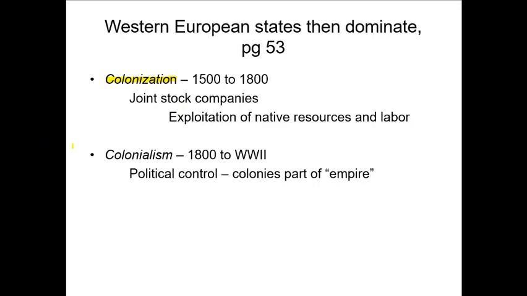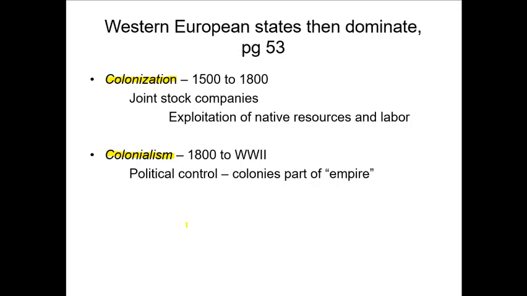So what these Western states did is shift gears a little bit, and from around 1800 or so up until around World War II, these Western European states like Great Britain and France and Denmark and Belgium, Spain by this time had already kind of moved out of South America, but again, South America had already been exploited and had already been dominated, and even to this day, the elite elements of the culture of South America are Spanish descendants, and the indigenous people are typically the lower class of people.